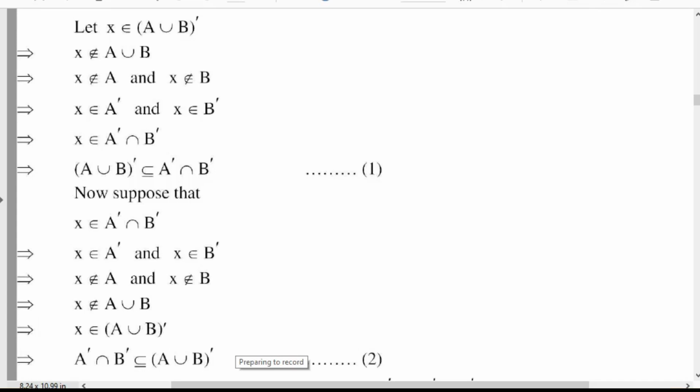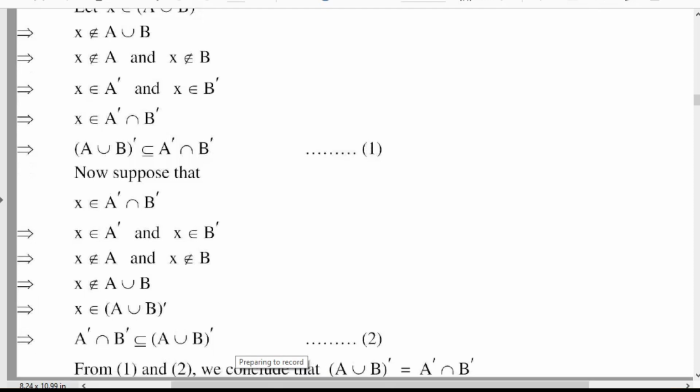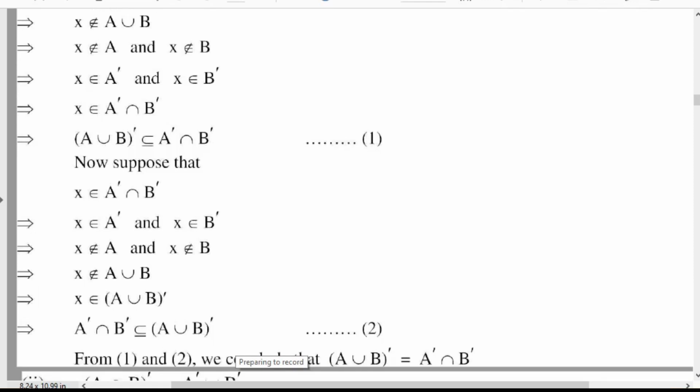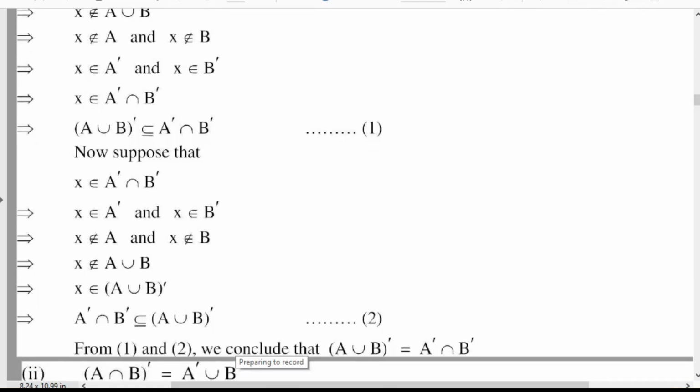So A complement intersection B complement is a subset of (A union B) whole complement, that is equation number 2. From equations 1 and 2 we can conclude that (A union B) whole complement is equal to A complement intersection B complement.